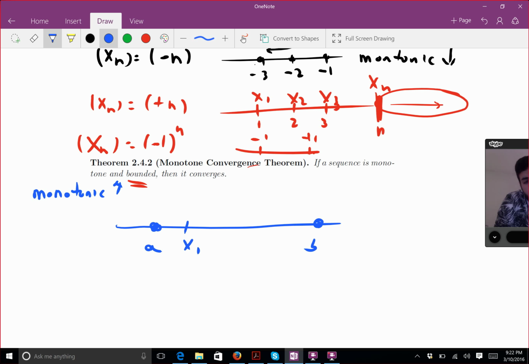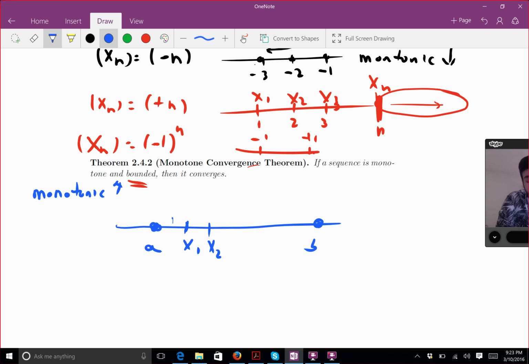If it's monotonic increasing and x sub 1 is here, where does x sub 2 have to be? Can x sub 2 be here? No, on the right side. Exactly, so these guys are getting larger and larger.